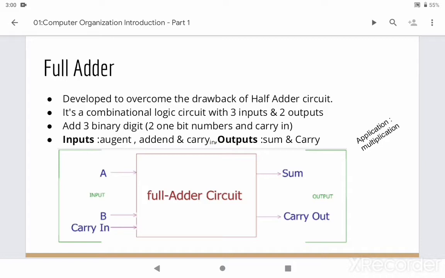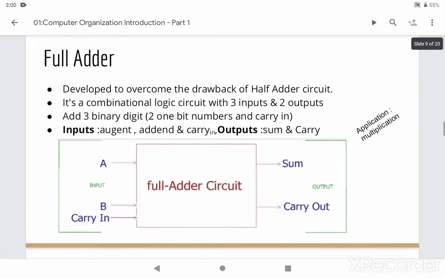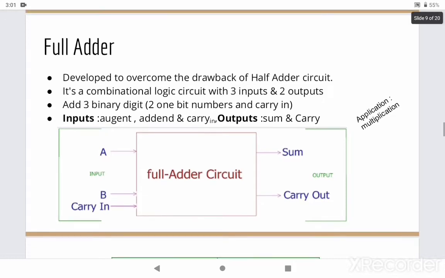We have developed the full adder to overcome the drawback of the half adder circuit. Actually, it's a combinational logic circuit with 3 inputs and 2 outputs, adding 3 binary digits. So we are adding two 1-bit numbers, and you have to add them with a carry in. Let us discuss what they are.